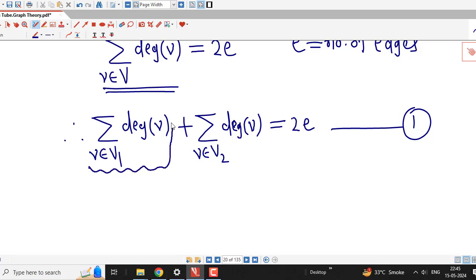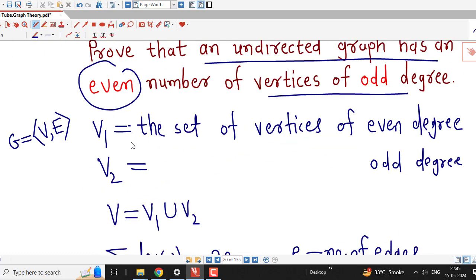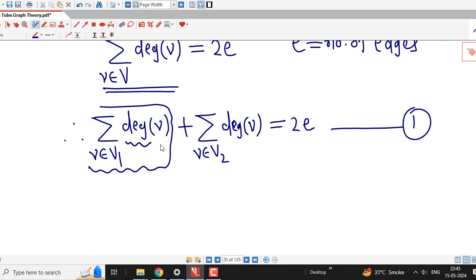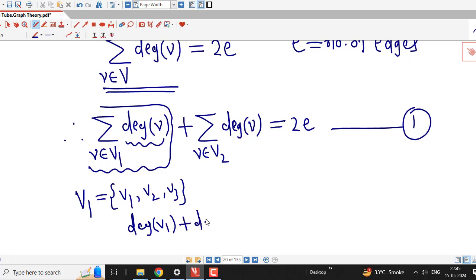Now we concentrate on this summation. Here V1 is the set of vertices of even degree. That means degree of v is even if v belongs to V1. Suppose I have V1 equal to, say, 3 vertices, then degree of v1 is even, degree of v2 is even, and degree of v3 is even.